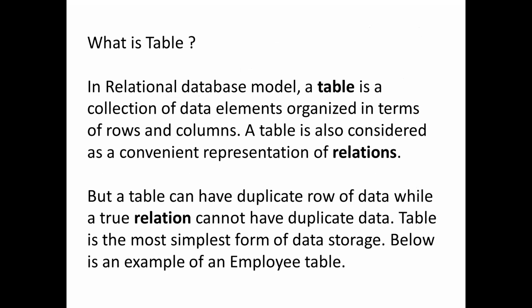So what is a table? In the relational database model, a table is a collection of data elements organized in terms of rows and columns. A table is also considered a convenient representation of relations. I think we already know what rows and columns are, and we have seen tables a lot, especially during the first semester.